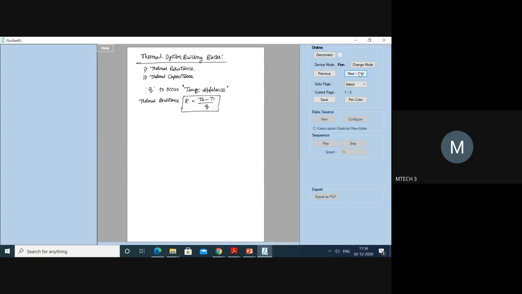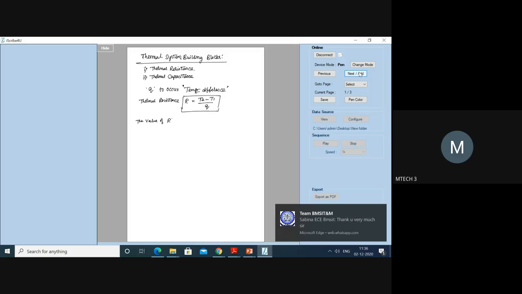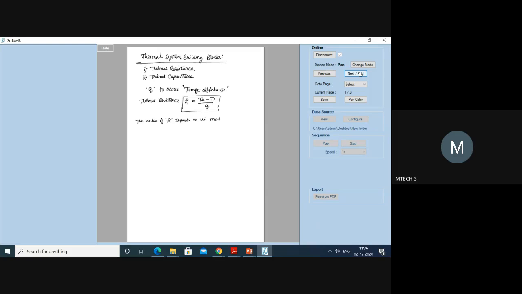Next line. This value of R depends on the mode of heat transfer.